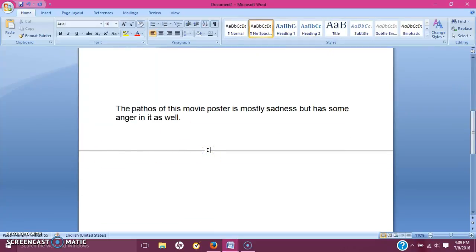Okay, so how to use the rhetorical elements like ethos, pathos, and logos. The pathos of this movie poster is mostly sadness, but has some anger in it as well. So again, this is a telling or description sentence. We have the to be verb here, and you don't use pathos in a subject and then verb sense.